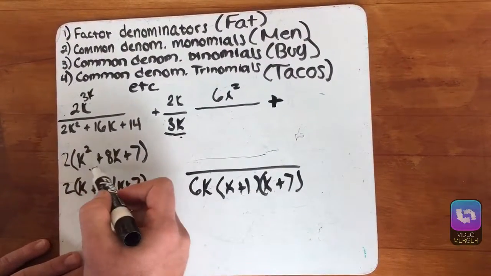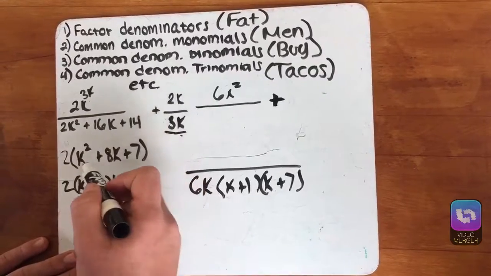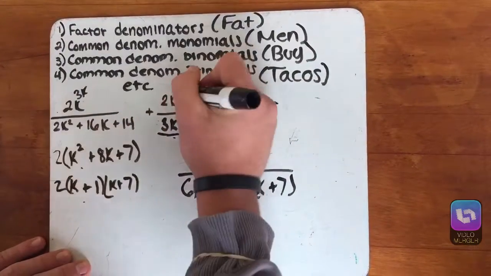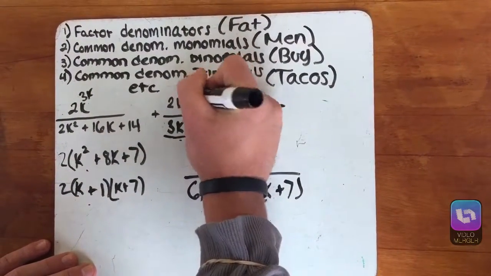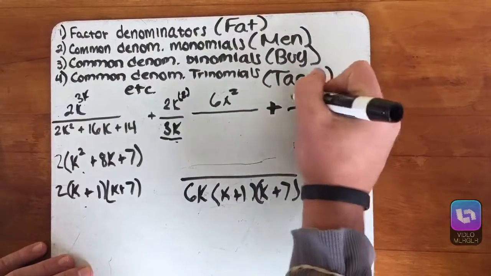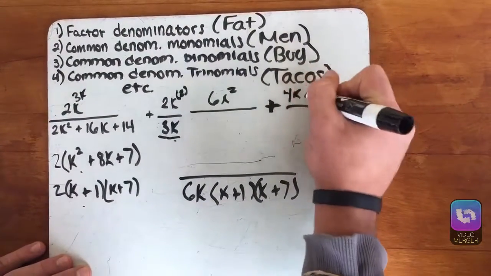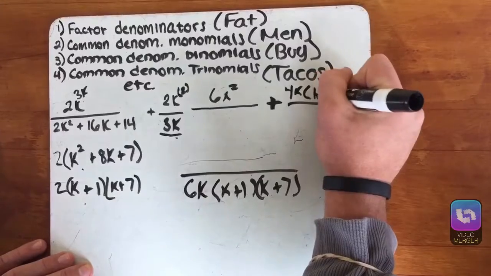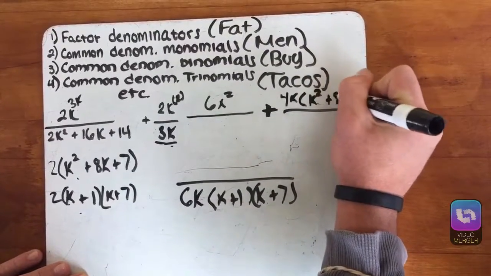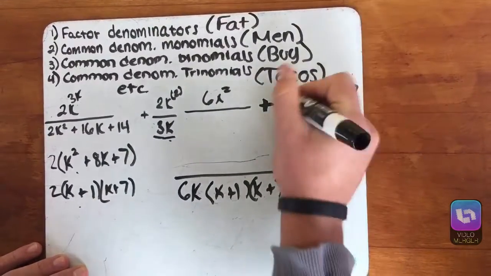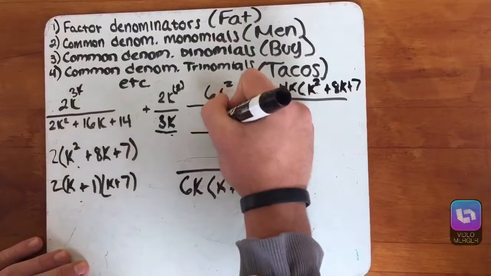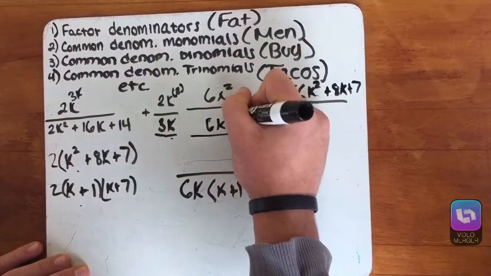Well, this will be easier because we're going to have to distribute later, so I'm going to use that. So we're going to multiply this by 2. That's going to end up as 4k. Then you're going to have to distribute it to k squared plus 8k plus 7. So when you distribute that out, you get 6k squared over here.